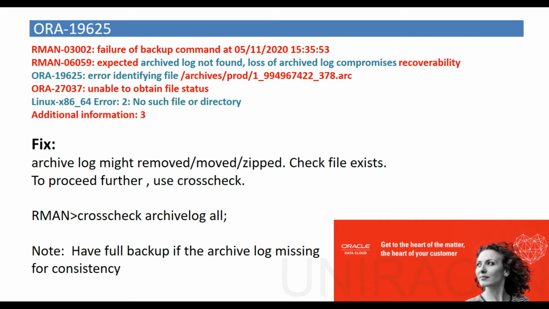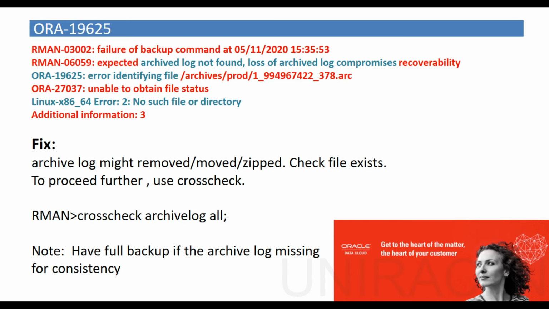You can check from the history command at the Unix level why this arclog file was missing, whether someone moved or zipped or removed it. The system itself will never delete it. Someone is involved in this.